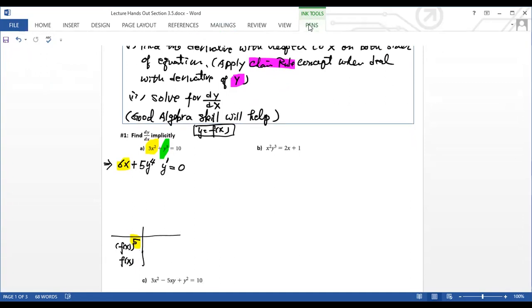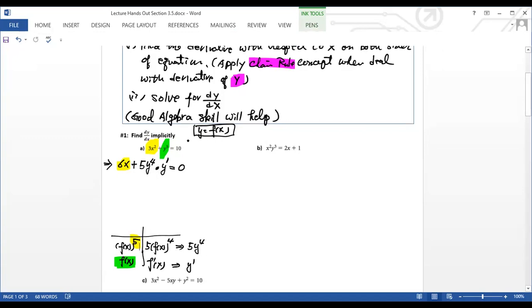Now applying the power rule and the chain rule, this will be 5 f of x to the fourth power, then f prime x, right? Since f of x is y, this is 5y to the fourth, then f prime x, which you can treat as y prime here. That's how I get 5y to the fourth times y prime.